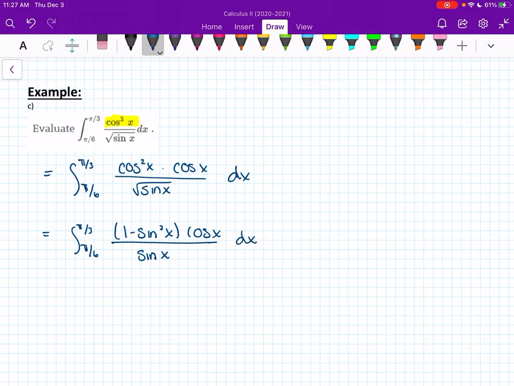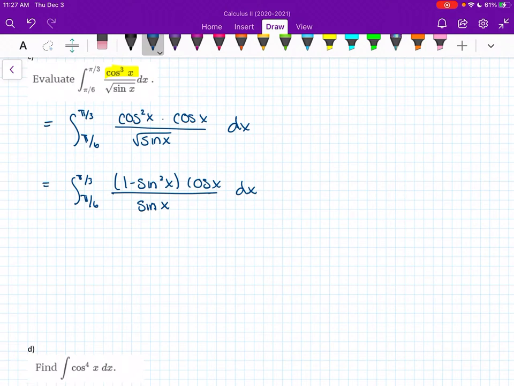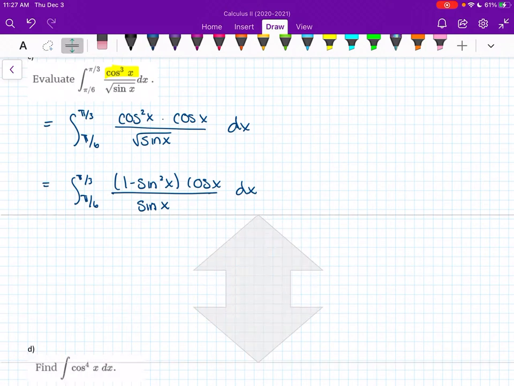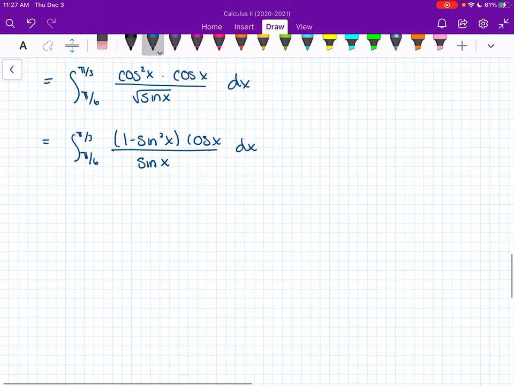And then what I'm going to do is divide that first term by my square root of sine x. Let me just rewrite that step. If I write it like this, then it's a little easier to see what I'm doing.